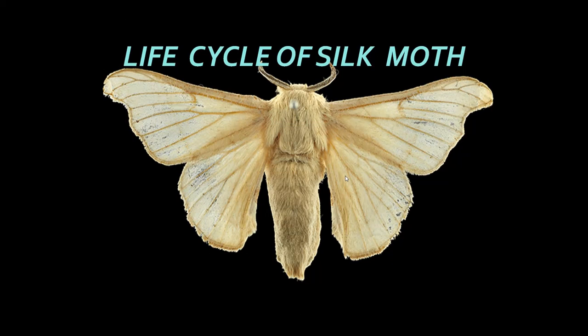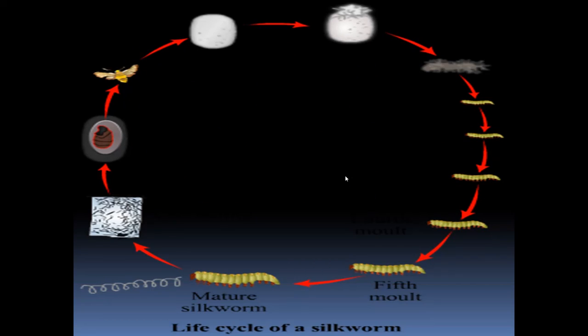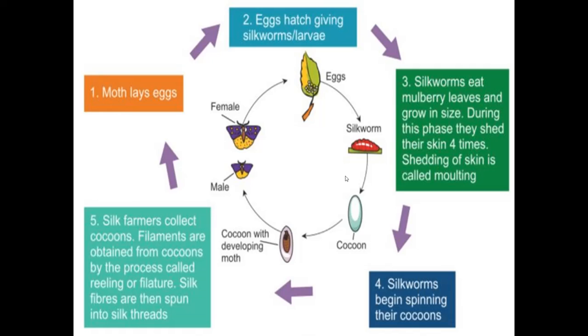Let us learn the life cycle of silk moth. In this image, you are seeing the image of a silk moth. Here is the image of silk moth and the life cycle of silkworm. Let us understand the life cycle now.